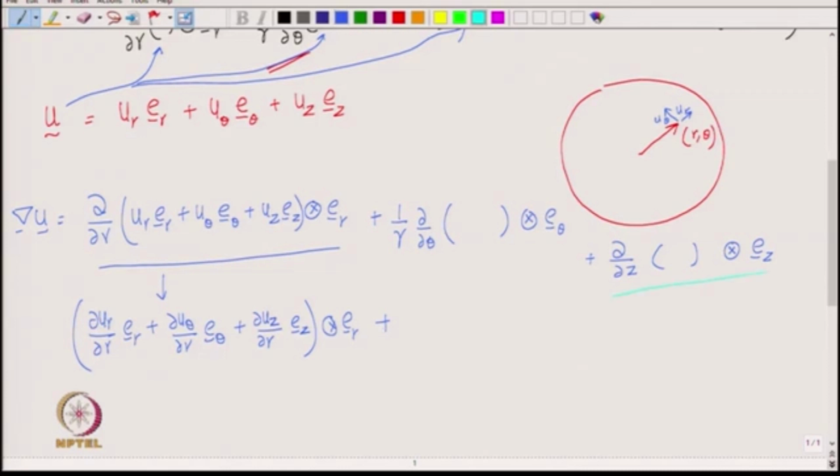Likewise, for this third term here, we have to take the derivative with respect to z. So, again the basis vectors will not change because they change only when theta changes.